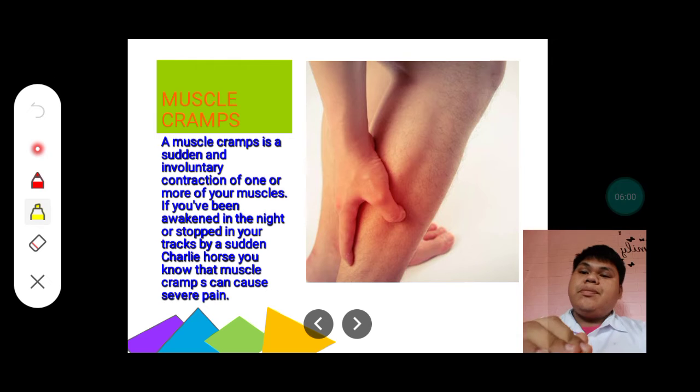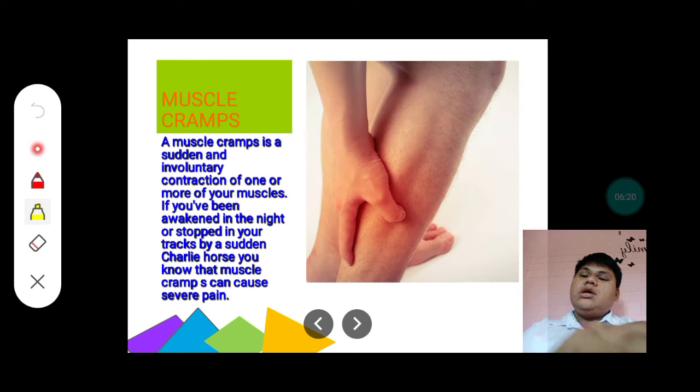Next, the last of the 3 common injuries is muscle cramps. So, what are muscle cramps? A muscle cramp is a sudden and involuntary contraction of one or more of your muscles.